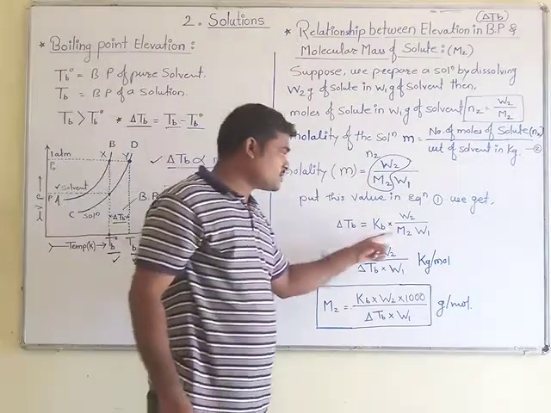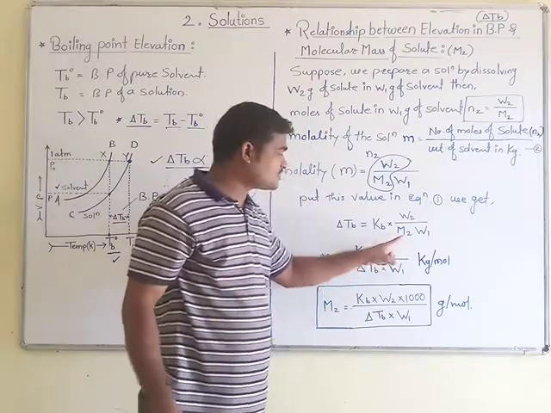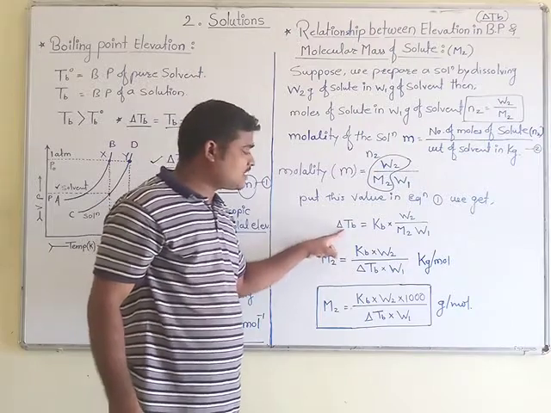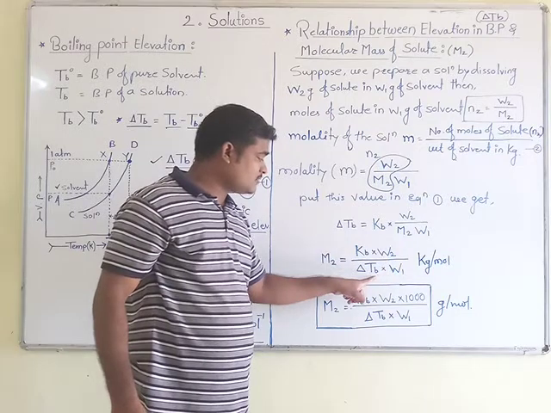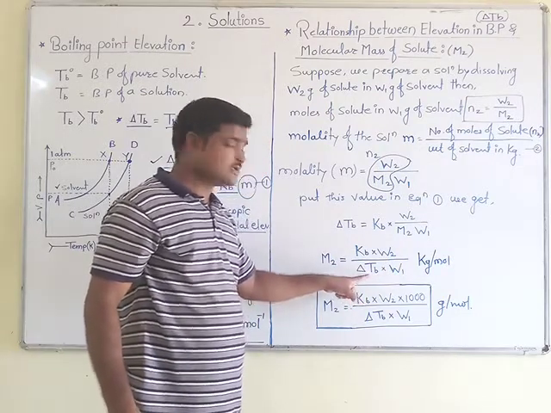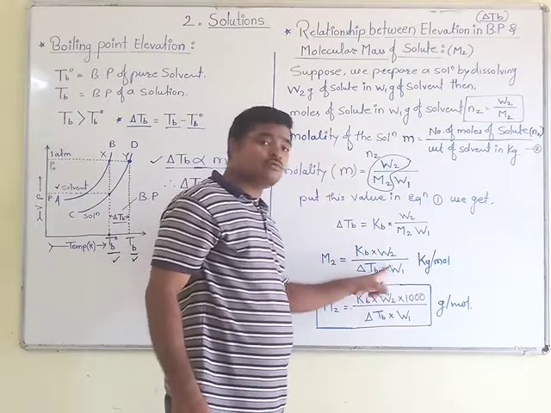So M2 I have taken to this side, and delta Tb goes to the other side, and the final equation is Kb into W2 divided by delta Tb into W1.